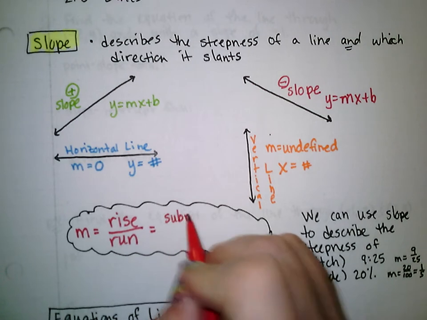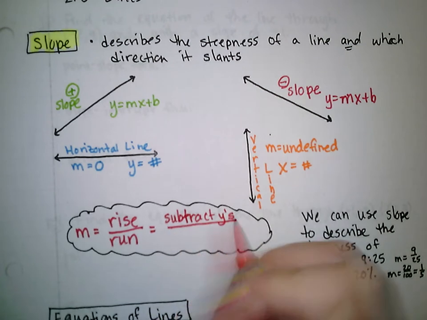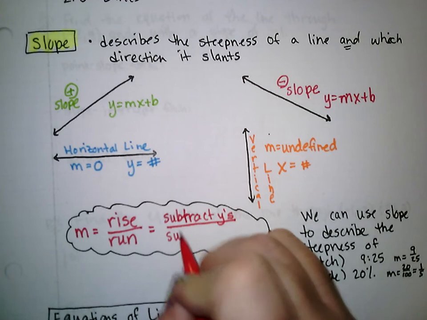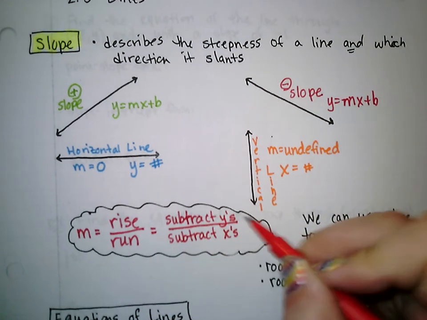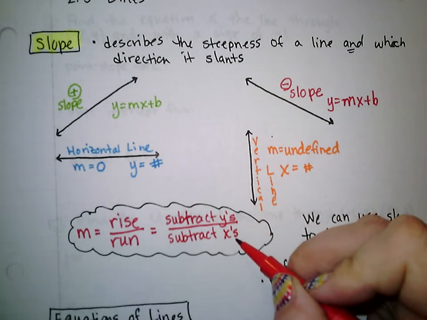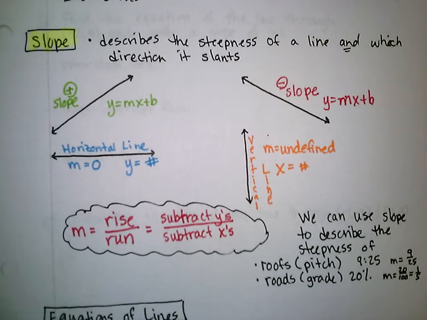So I'm going to subtract my y's. And then you always want to run from your x's. I mean, you don't always want to, but sometimes people want to run from their x's. So rise rhymes with y's over run from your x's. So rise over run: subtract your y's over subtract your x's.